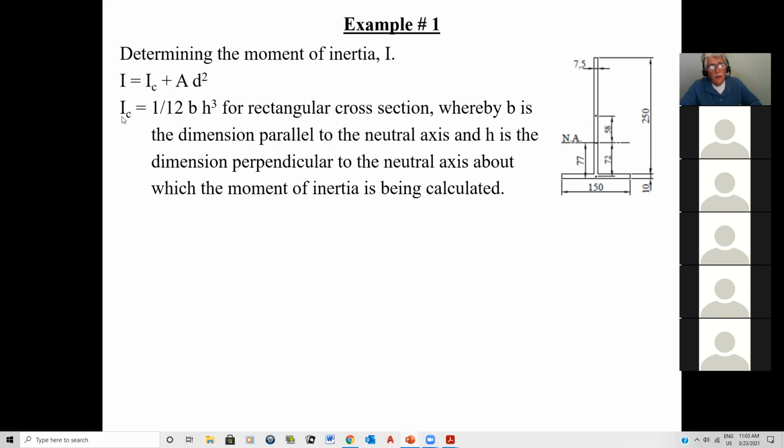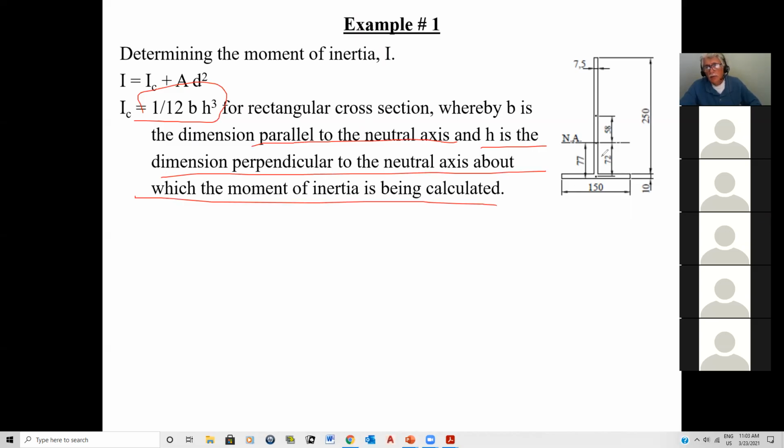and square it, okay? Now, for a rectangular section, you might not remember this, but the moment of inertia with respect to the centroid is equal to 1/12 the base times the height cubed, whereby B is the dimension parallel to the neutral axis, and H is the dimension perpendicular to the neutral axis.